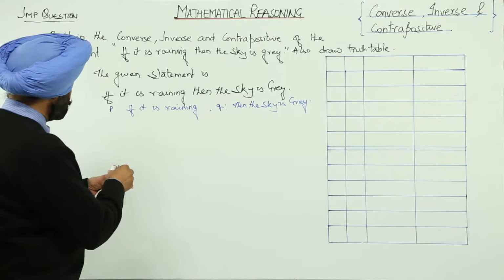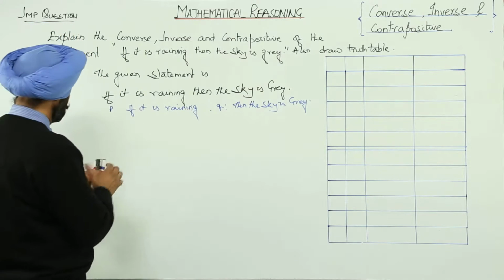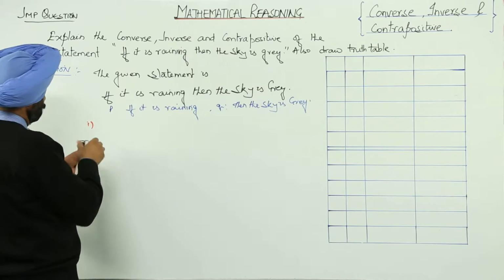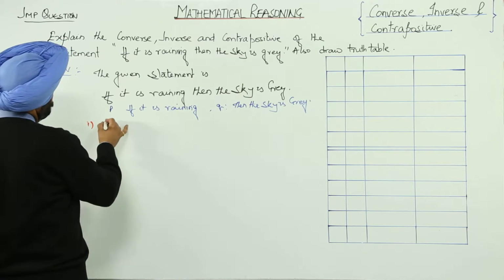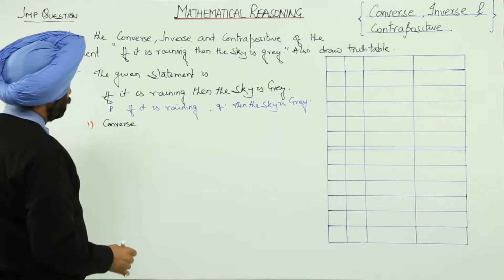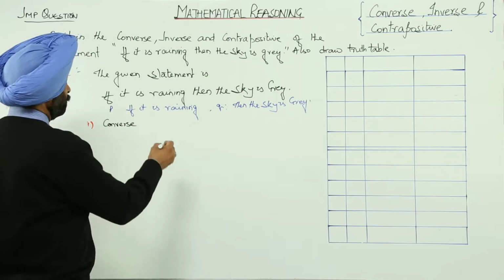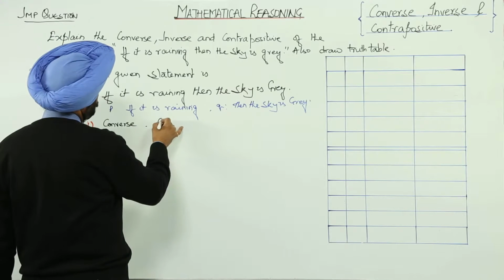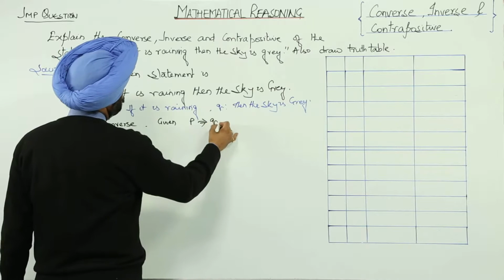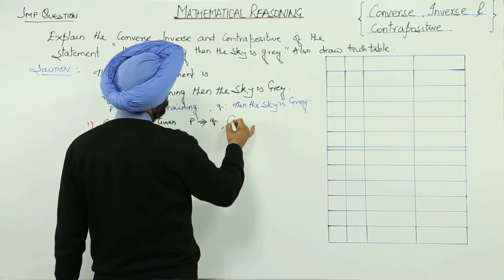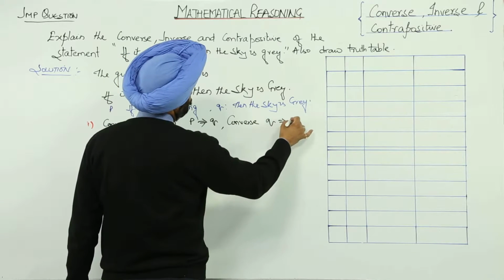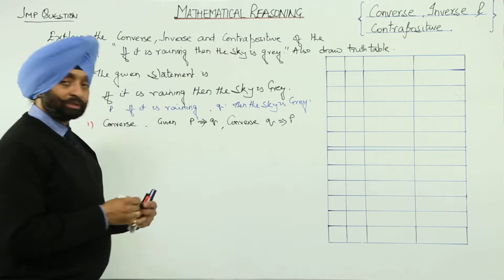Now very first thing is that is converse. Now in the converse, what we will be having? Given P implies Q, in converse it will become Q implies P. Now what the statement will be?